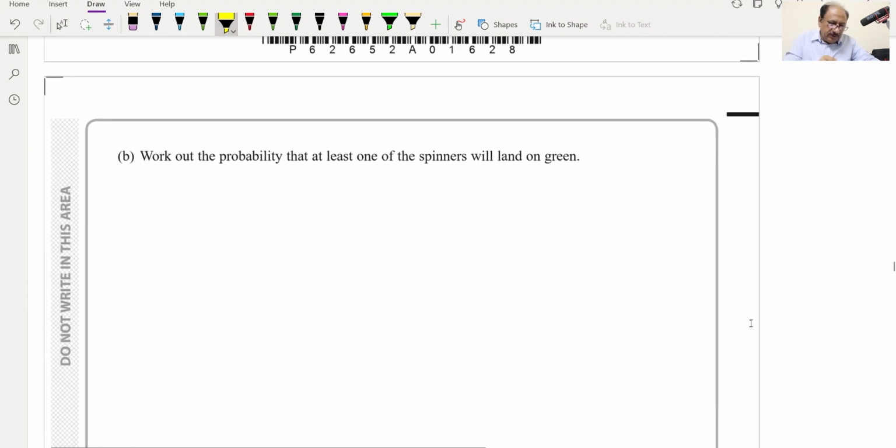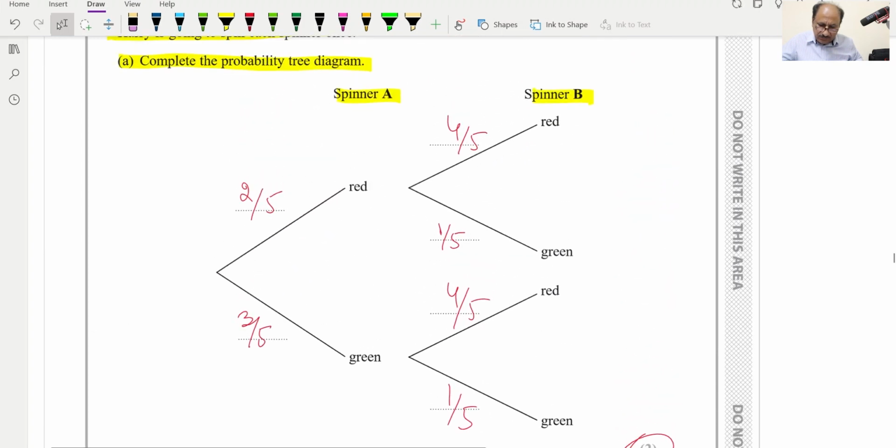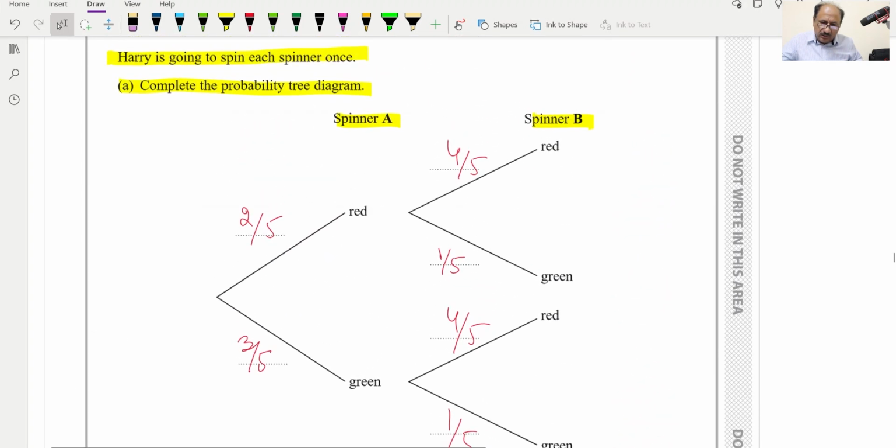Now part B, they are saying work out the probability that at least one of the spinners will land on green. So at least one green, what does that mean? At least one green means there are 3 routes.